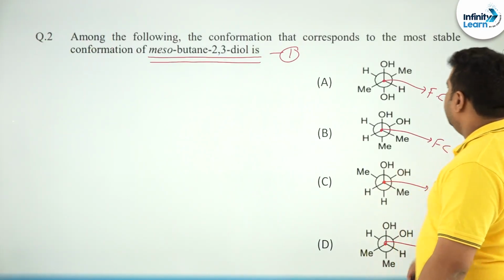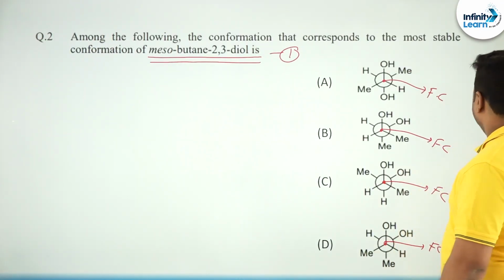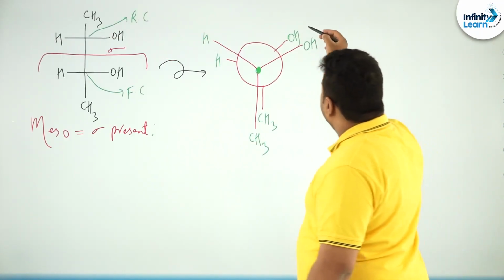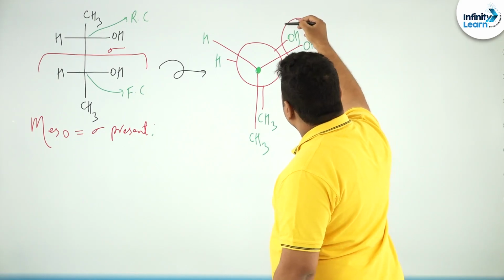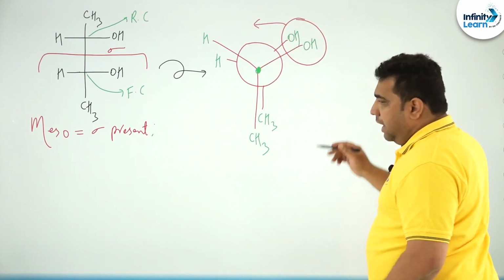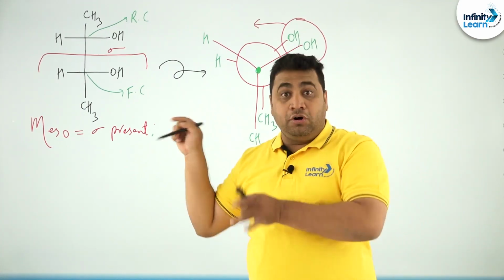But if you see the question, OH is pointing upwards. Can you see? Above. That means what? This OH, on the paper, you rotate it to bring it somewhere here according to the question. You have to rotate it on the paper or on the board itself.